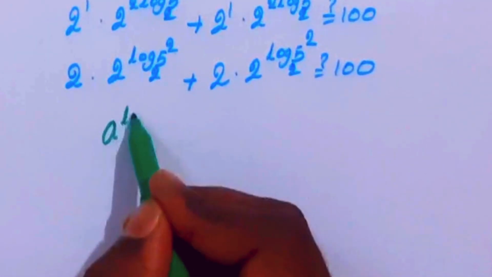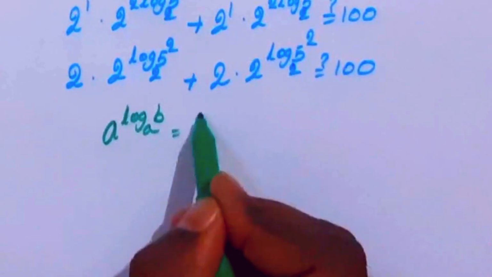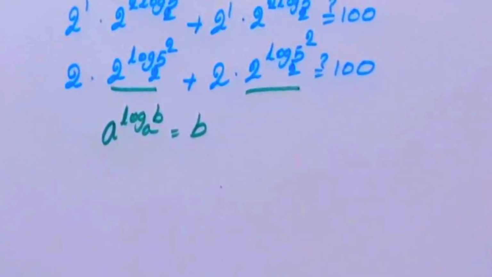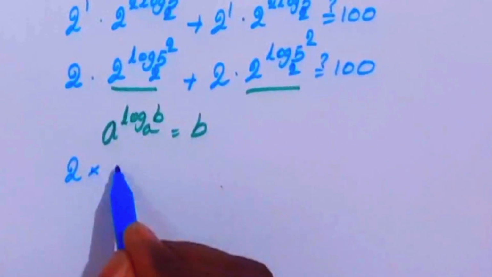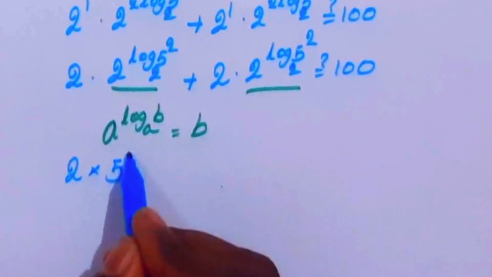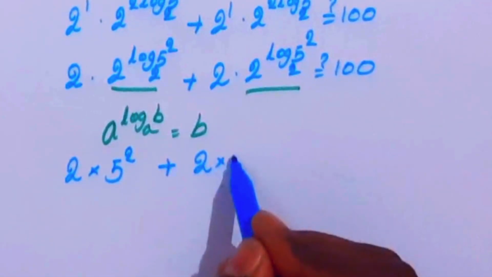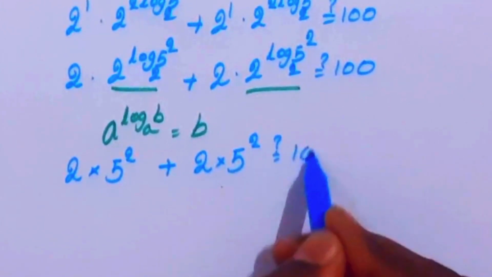A power log b base a equal to b. We are going to apply this here and here. So 2 times 5 square plus 2 times 5 square equal to 100.